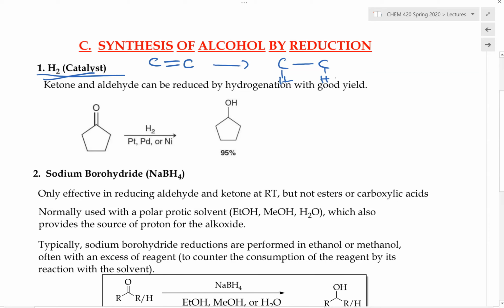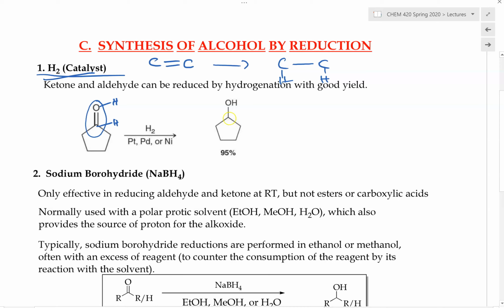A very similar mechanism is seen in the reduction of a carbonyl derivative to produce the alcohol. If we take a carbonyl derivative, which basically consists of a carbon-oxygen double bond, and treat it with hydrogen in the presence of a metal catalyst, we will be able to reduce this carbonyl by adding a hydrogen to the carbon and a hydrogen to the oxygen as well.